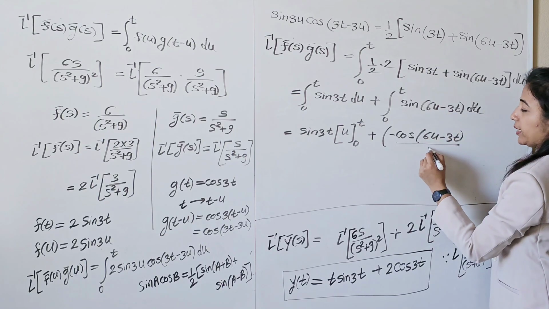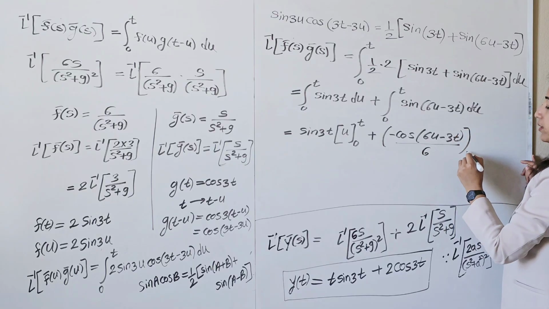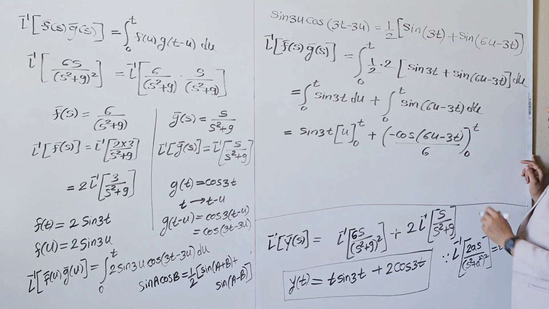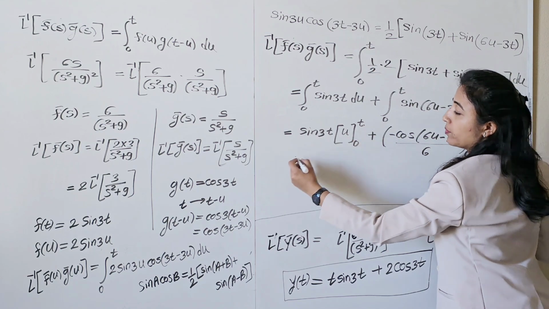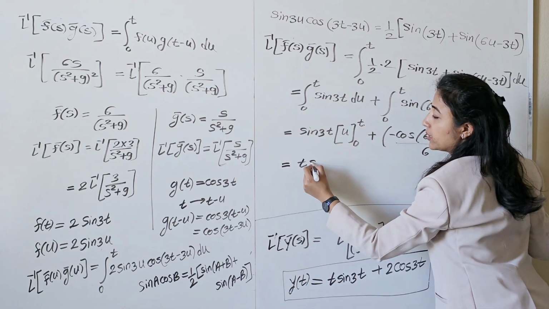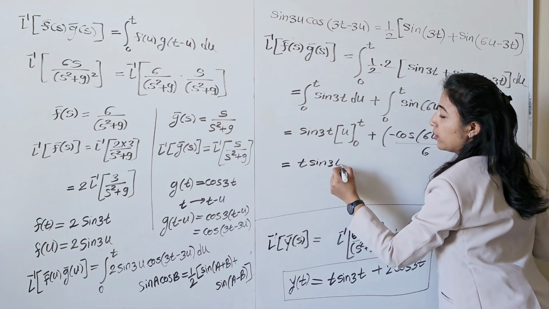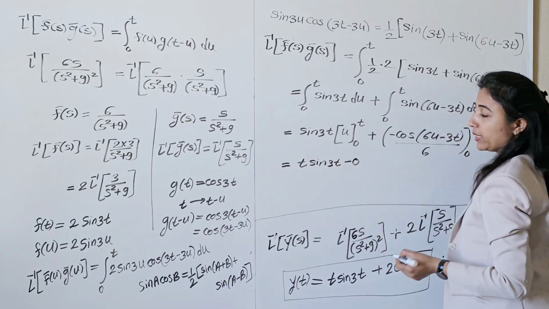The limit is 0 to t. Put the upper limit minus the lower limit. So the upper limit is t, so here t sin 3t minus the lower limit, which gives 0.